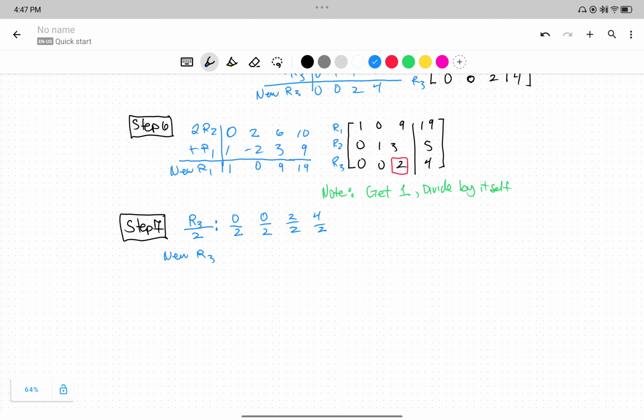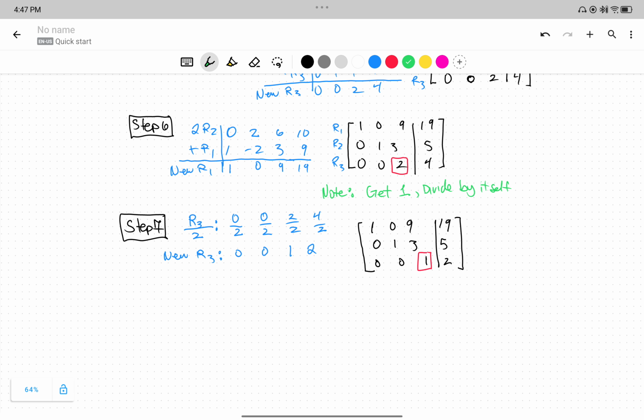So then that's going to be 0, 0, 1, and 2. That's your new row 3. Everything else stays the same. Okay, so far so good. I wanted this one to be a 1, and it is.